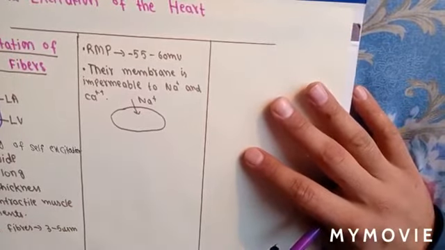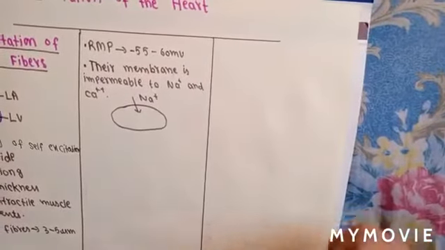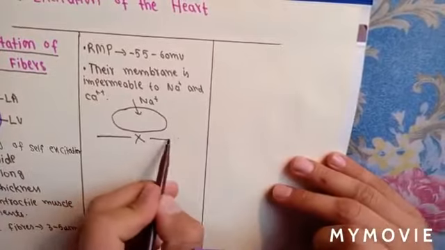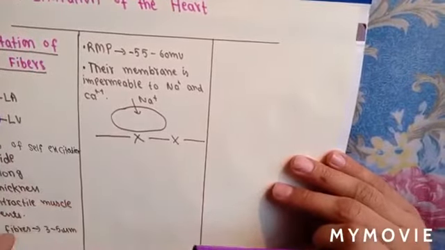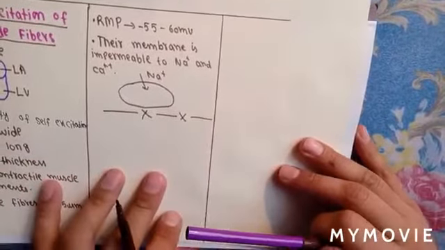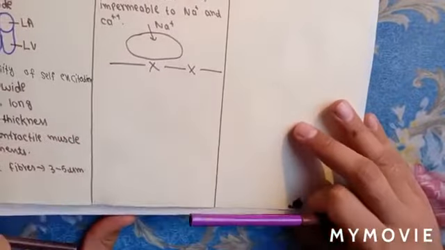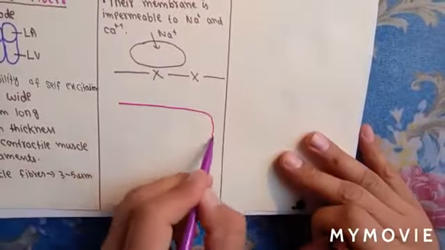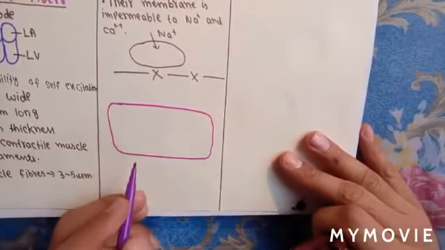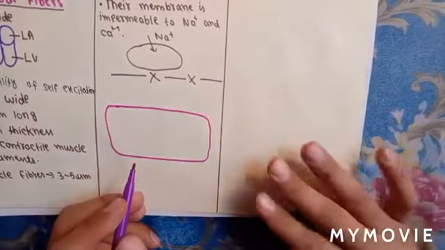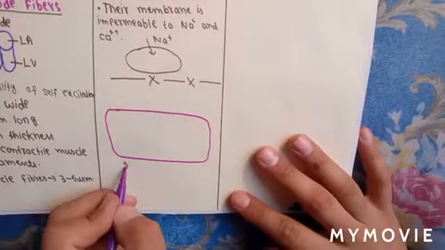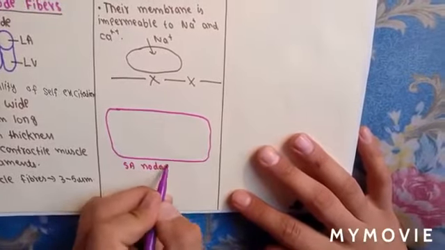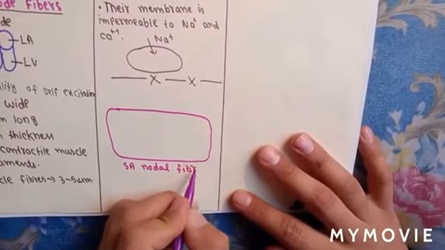I am going to explain how the SA node is excited. In normal condition, the sodium ion moves inside the cell. This is an SA nodal cell. This is an SA nodal fiber.